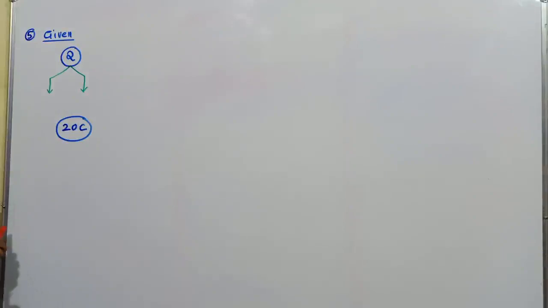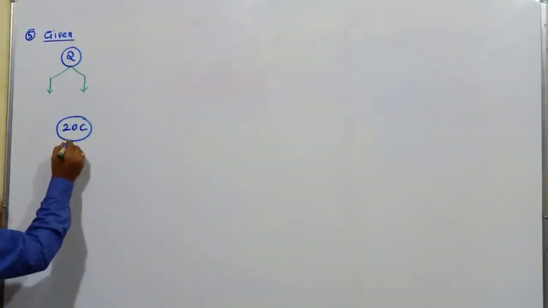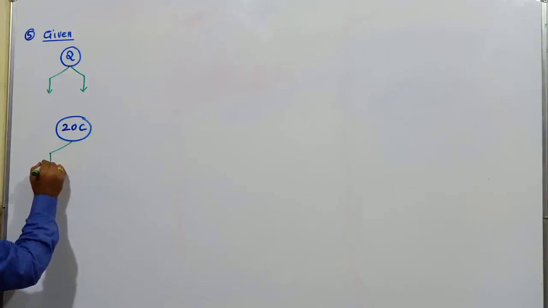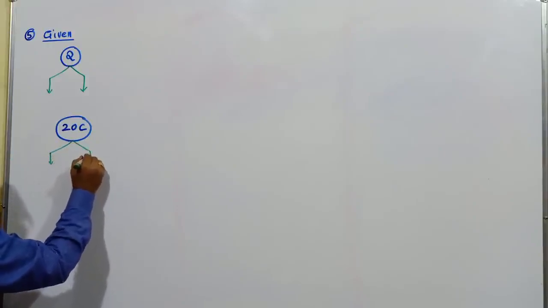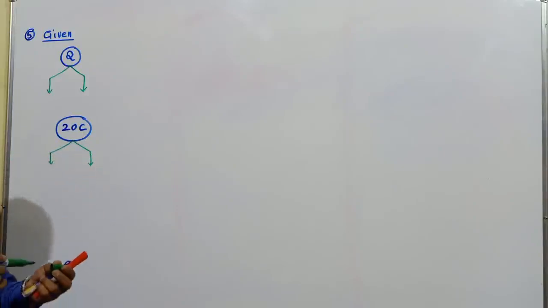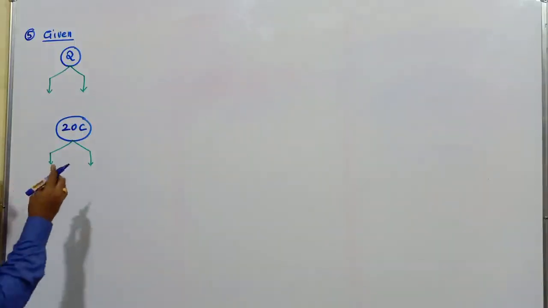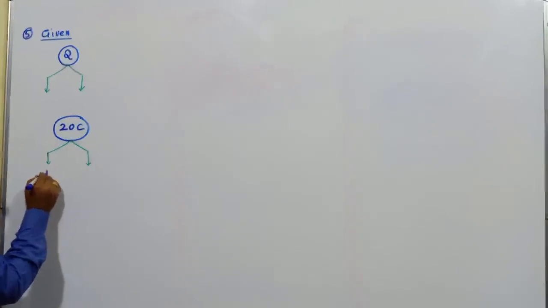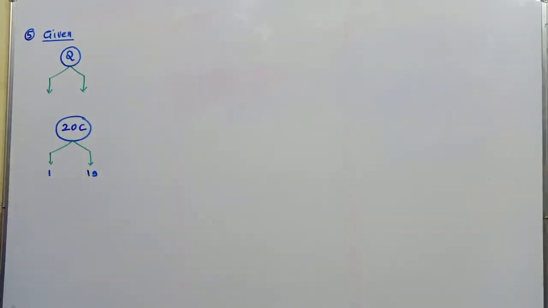This 20 coulomb of charge I can divide in a variety of ways. What are those? Say, for example, I can have first as 1 coulomb, another 19 coulomb.